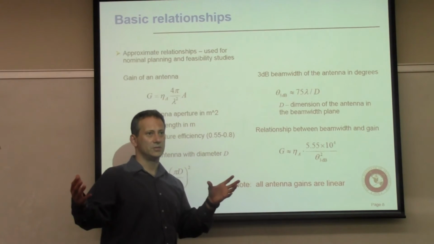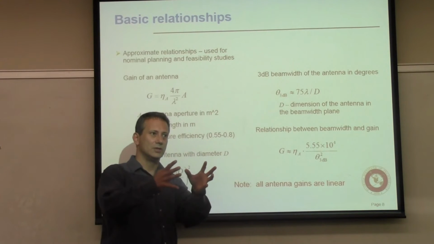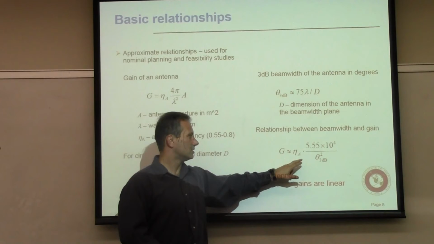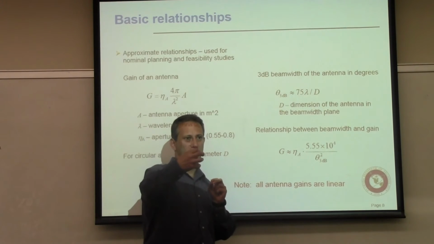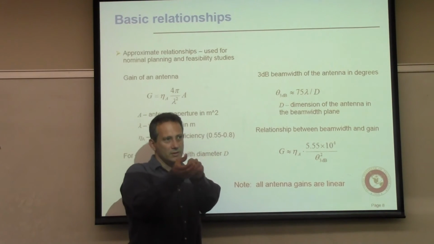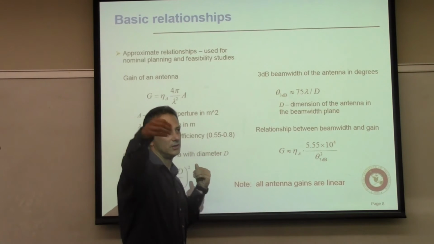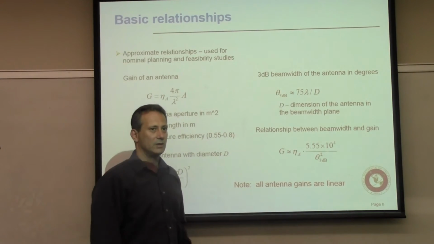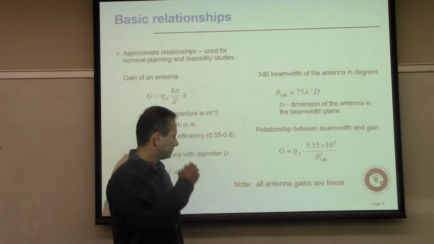The only way to achieve gain is by reducing the area of space that you're radiating. The gain is inversely proportional to your 3 dB beamwidth, so the smaller the beamwidth you make, the larger the gain. The tighter you squeeze the balloon, the more it will elevate in a particular direction.